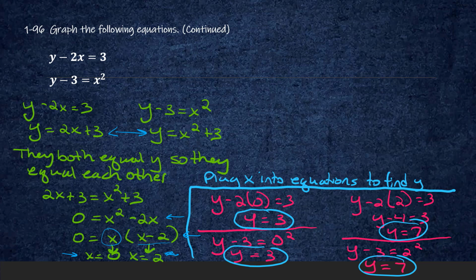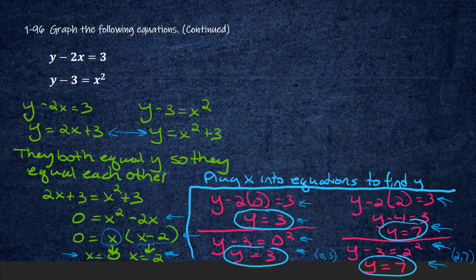So what I need to do is plug those x values into each equation to solve. So I have plugged a 0 in here, and that gets me down to 3. Same here, I plug a 0 in there, and that gets me down to y equals 3 as well. And I'm using both equations. This one, I'm plugging in a 2, and it gets me down to a 7. And that's the same thing that's happening here. I plug in a 2, and I get to a 7. So that means they are intersecting at 0, 3, and 2, 7.